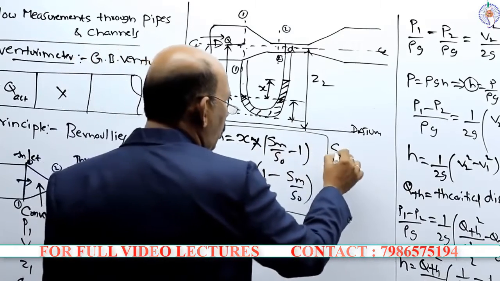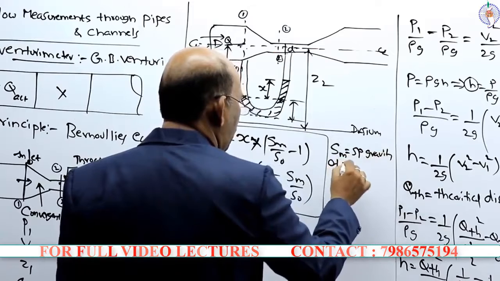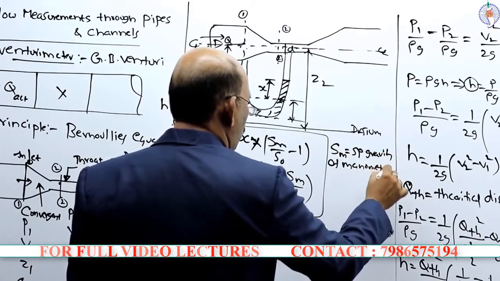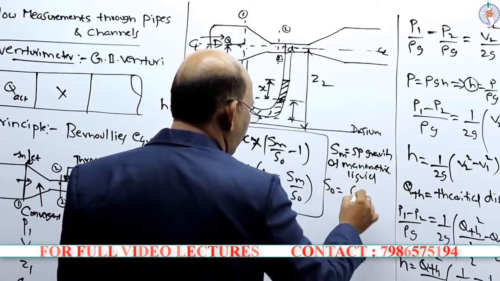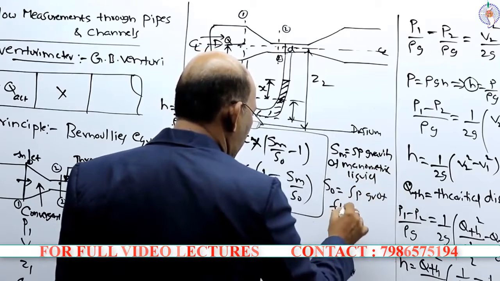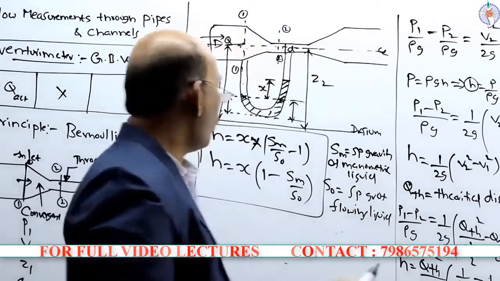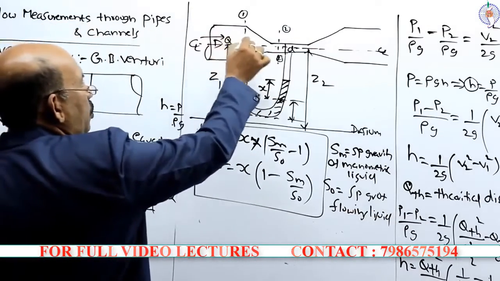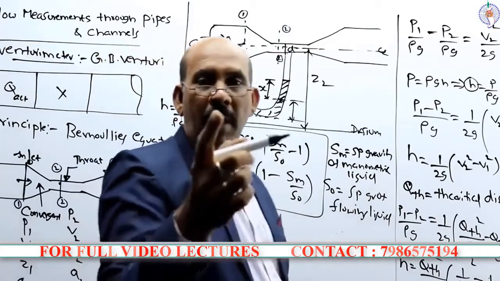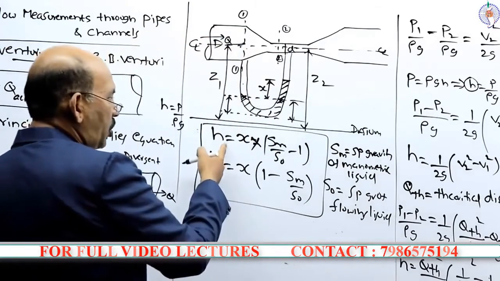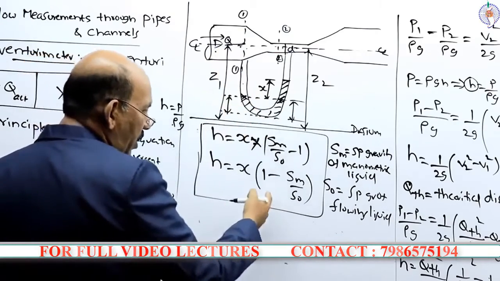Here Sm is the specific gravity of the manometric liquid and S naught is the specific gravity of the flowing liquid, the liquid flowing through this Venturi meter. If the flowing liquid is lighter compared to the manometric liquid, you use this value of H, and if it is heavier, you use this other equation.